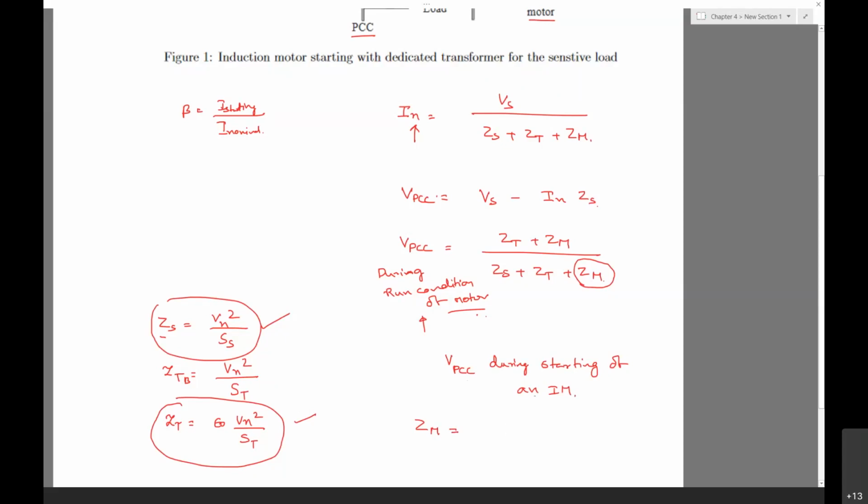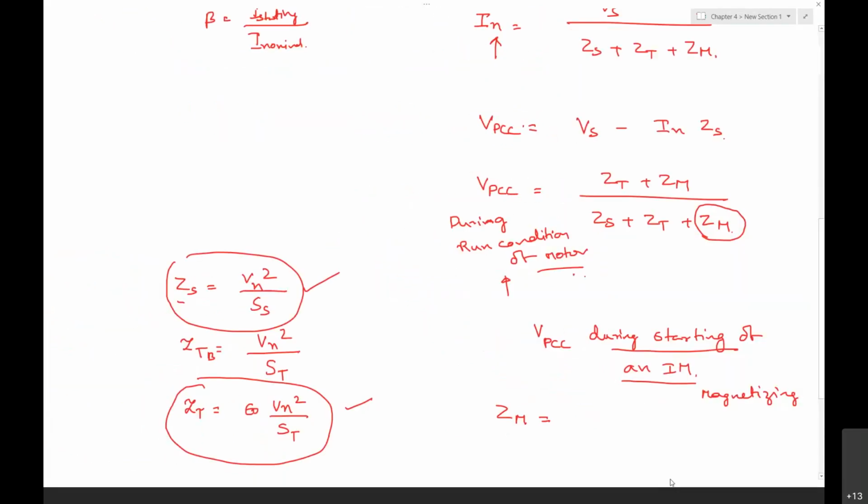As we know, during the starting of an induction motor, the magnetizing current is very much higher than the nominal current. As you all know, during starting the current is much higher than in the running condition.